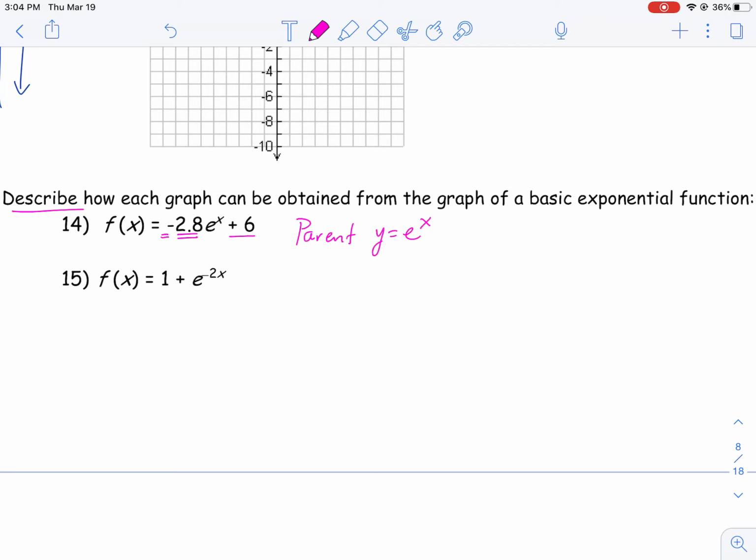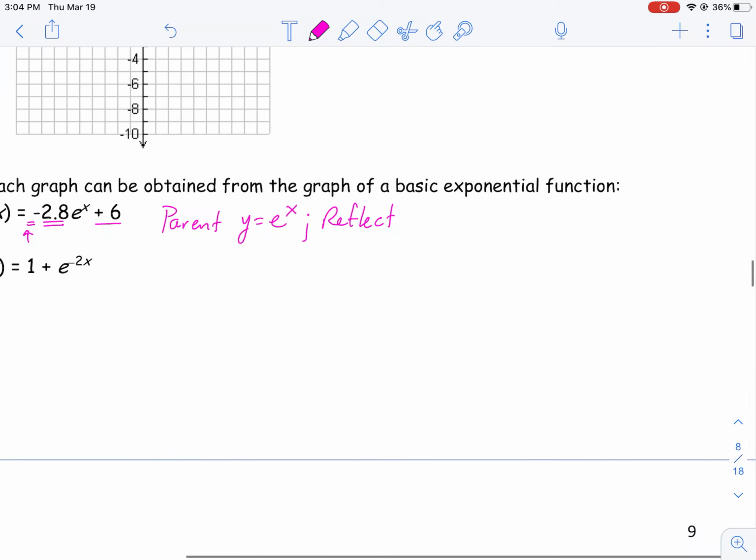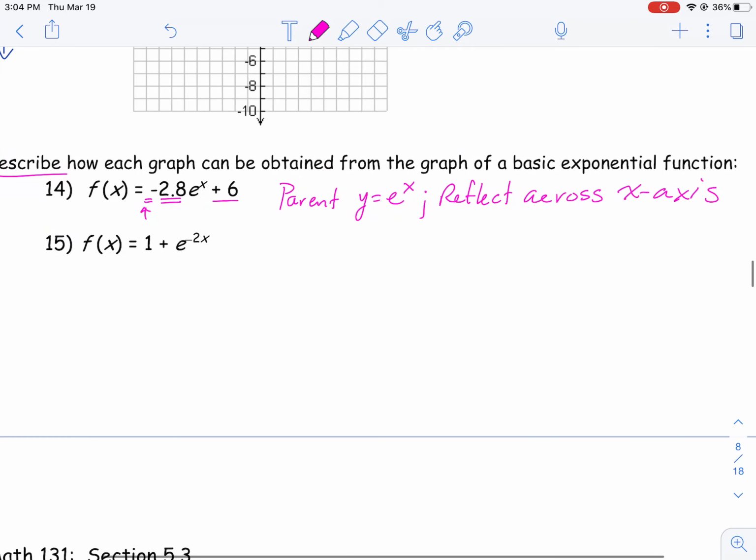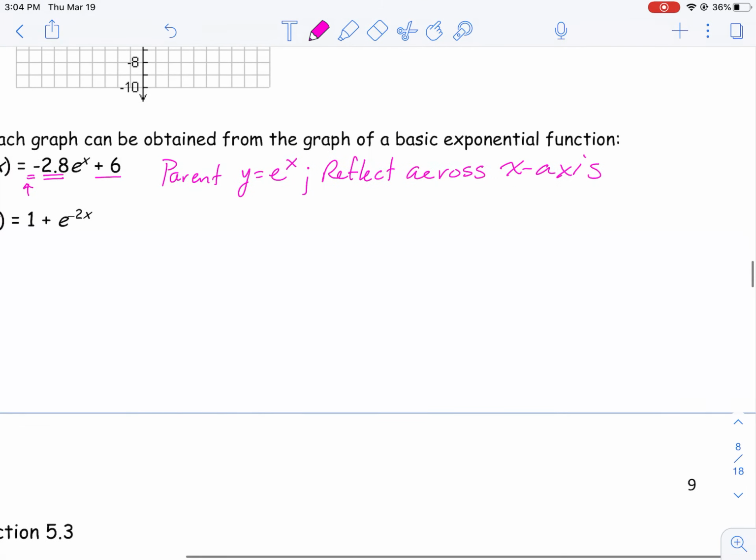The negative here is on the outside, so it's going to reflect vertically across the x-axis. Do you remember what the 2.8 is going to do? 2.8 is going to be a vertical stretch.